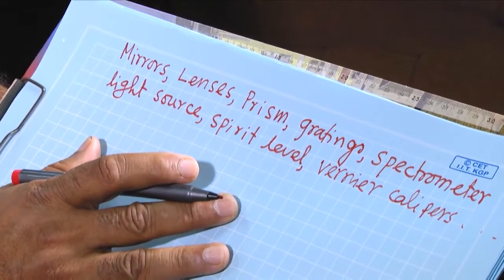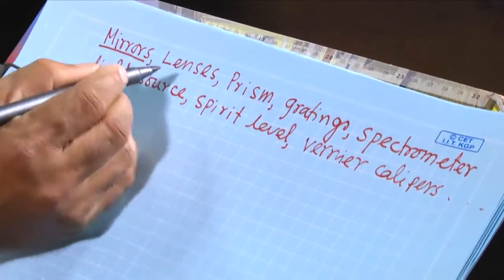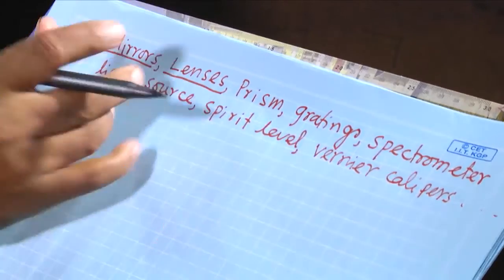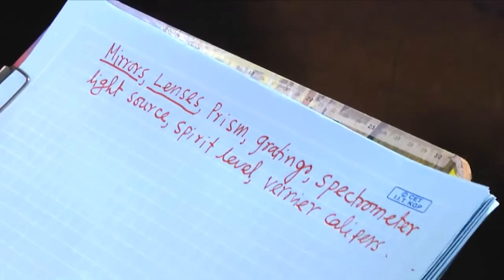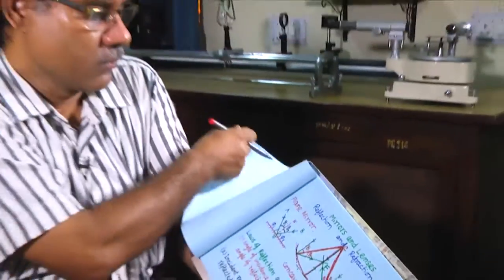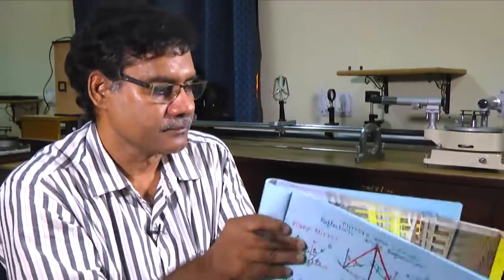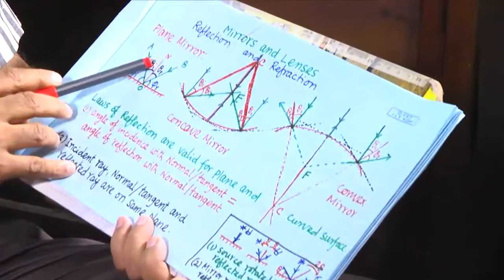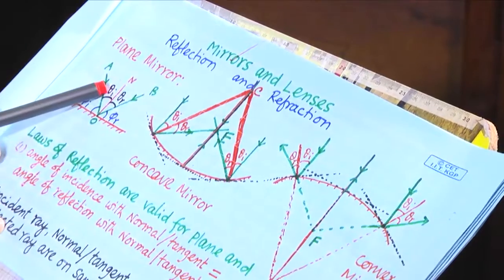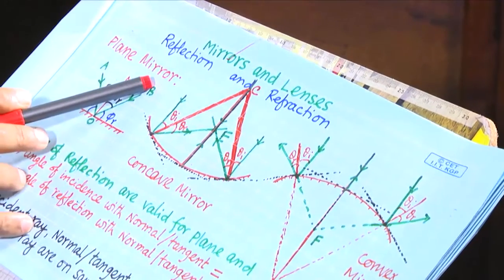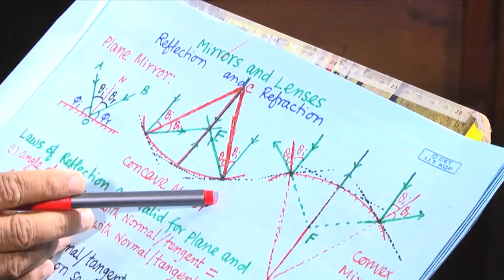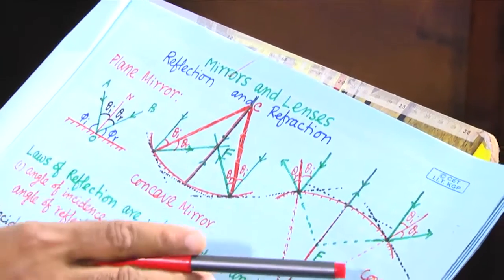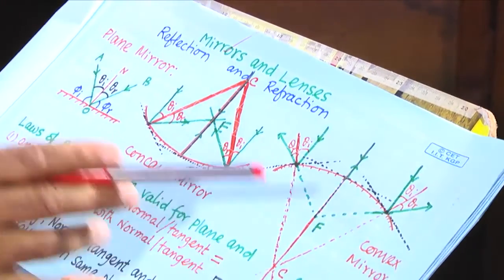So, let us start with the mirror and lenses. So, mirror, generally three kinds of mirror we use, basically plane mirror, concave mirror, and convex mirror, right.